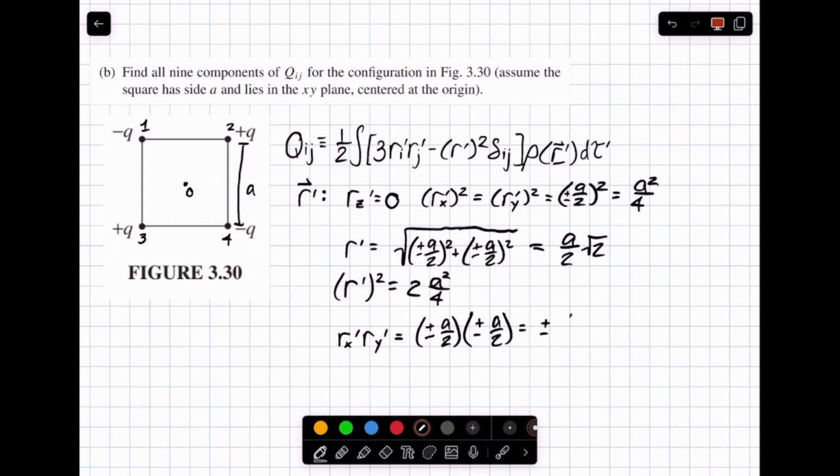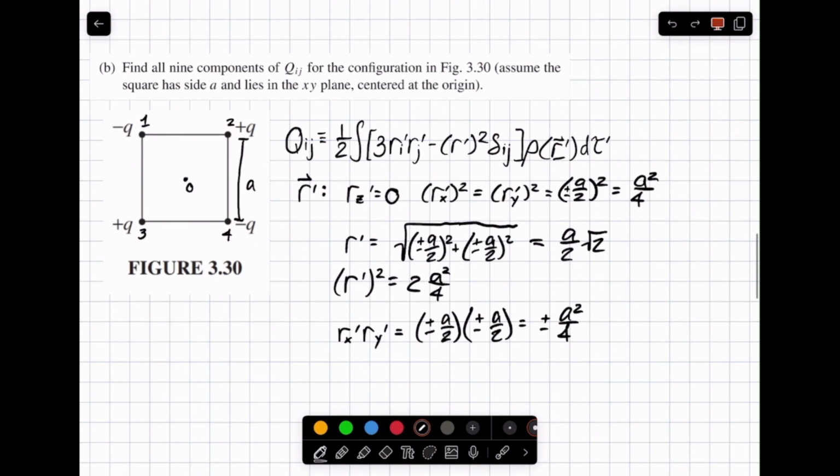So we'll have a plus or minus a squared over 4. For example, for 2 and 3, since both the Rx and Ry terms match in sign, we're going to get a positive value. And for 1 and 4, they don't match in sign, so we're going to get a negative value.